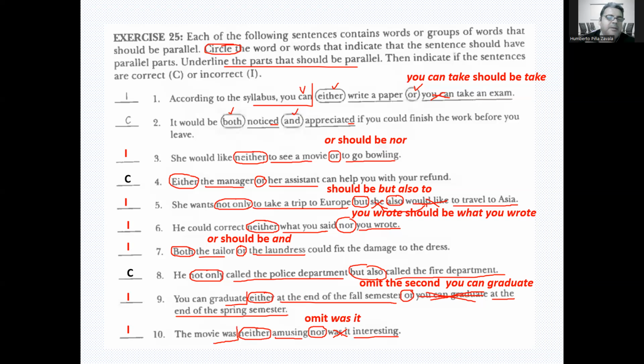So here we have to look for two things. One, that the pair conjunctions are actually in pairs, correct pairs: either or, both and, neither nor, not only but also.